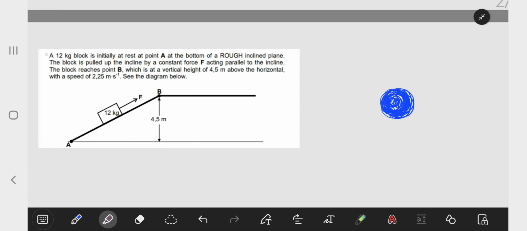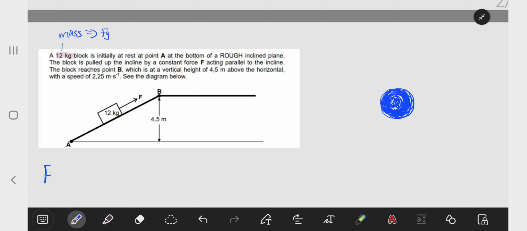The statement says a 12 kg block. So now we have already seen that we have mass, which is 12 kg. They don't specifically have to say mass, but you can see that 12 kg, that is mass. If you have mass, then it means that you have your gravitational force, according to the key terms.